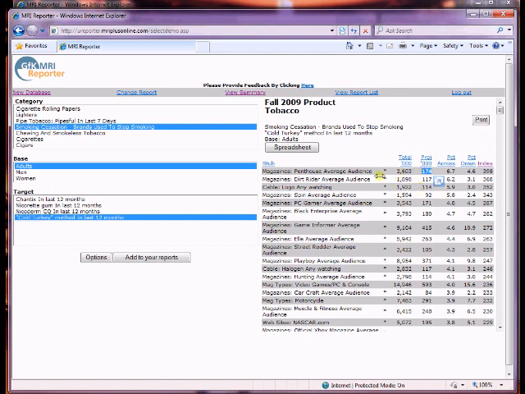Since so few people in the sample read Penthouse, Dirt Rider, Spin, PC Gamer, it's very uncertain whether these projections onto the whole national population are actually true. They might be much lower, they might be much higher. Obviously, when you sample only a few people with a characteristic, you're much less certain how those results will project to the wider audience.